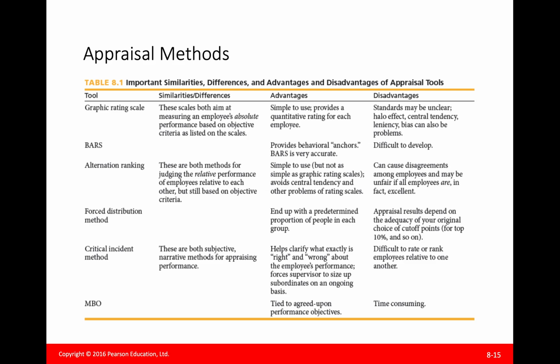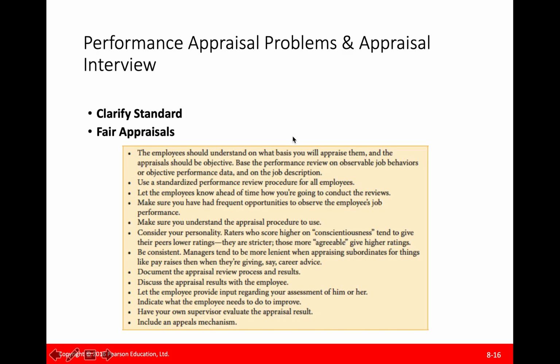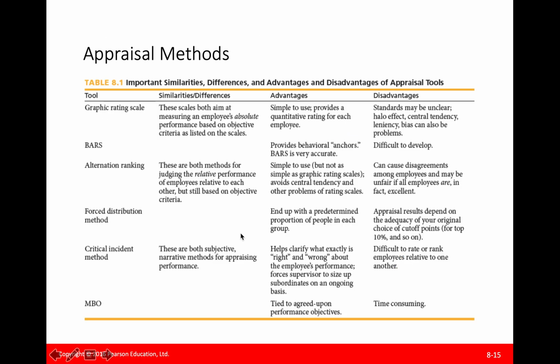So graphic rating scale, what are the advantages? Simple to use, very simple. So we have these qualities, good or bad or not good or excellent or whatever, and then we rate, very, very easy to do, right? Disadvantage may be unclear.